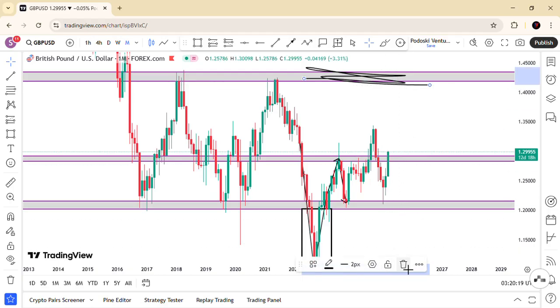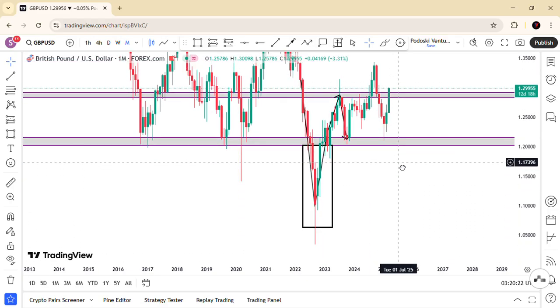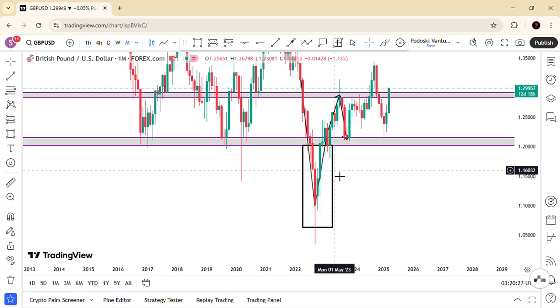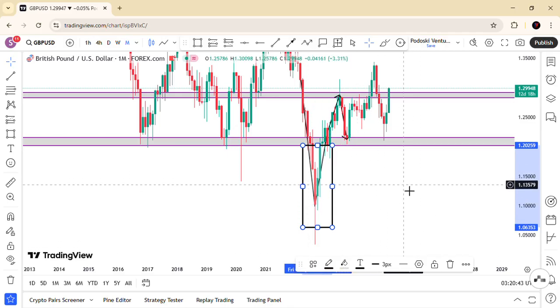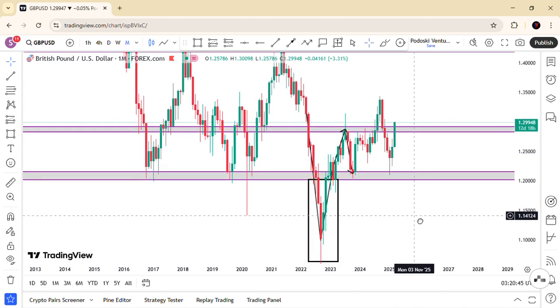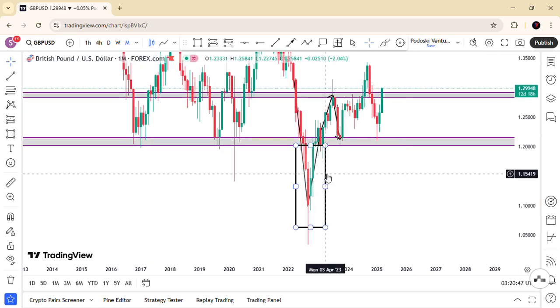But since we haven't come to a conclusion yet, we just consider this zone as a fake out. If price is able to come and touch this zone again, then it becomes a zone of consideration which you can make use of. But since price hasn't touched there yet, you can't make use of it.